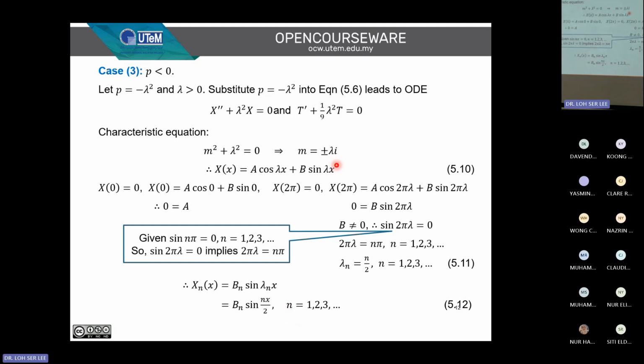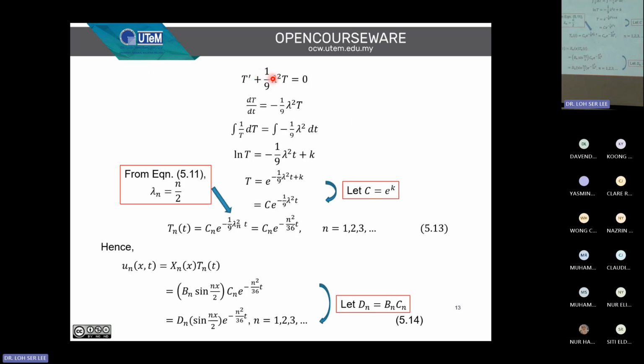Next we want to solve for t. This one is exactly the same as the one that you did just now. Write t prime as dt over dt. This one moves to the right. We integrate both sides. We get the ln t. Then our t finally will be this one. When you get this one, your lambda just now is lambda n.